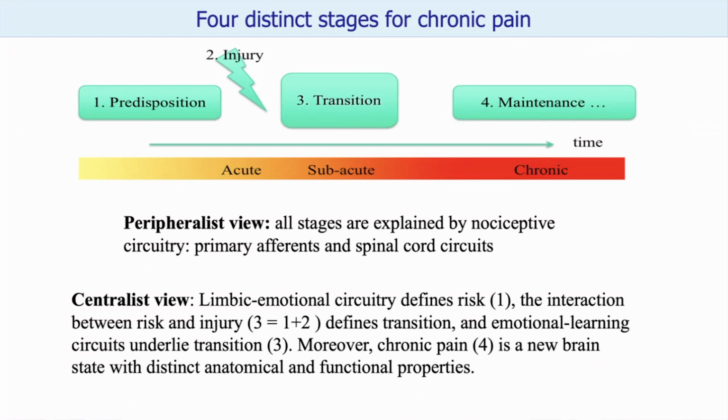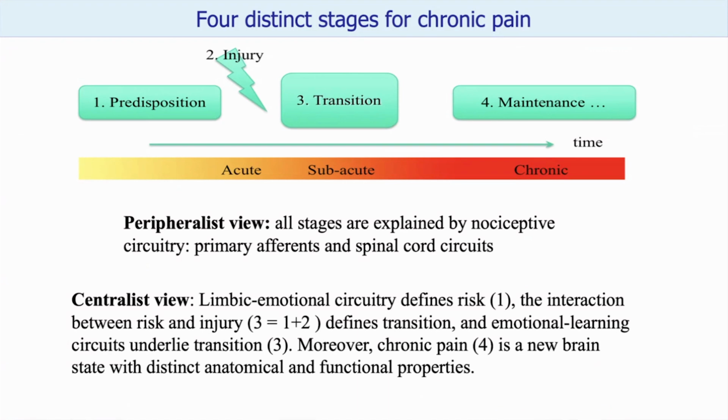In contrast, we think that, again, as I mentioned briefly earlier, limbic brain circuitry, the brain's emotional evaluation circuitry, underlies the risk, the predisposition for chronic pain, in the sense that one subject thinks of pain as more impactful to them versus another subject, very simply.